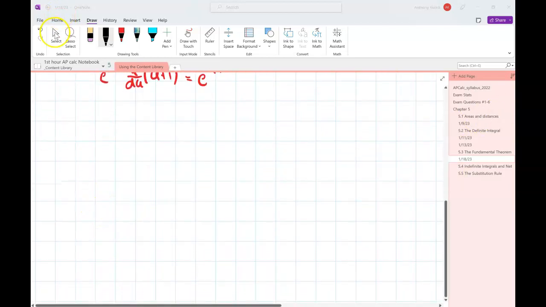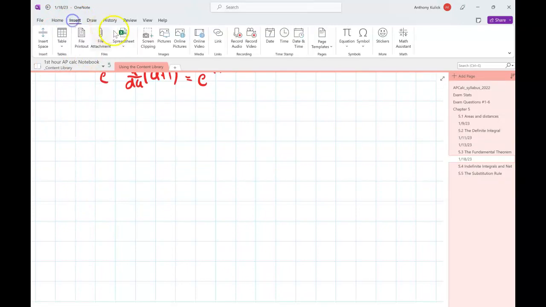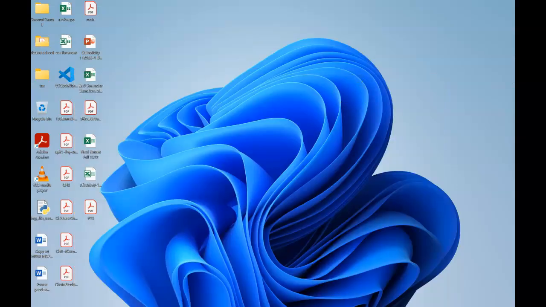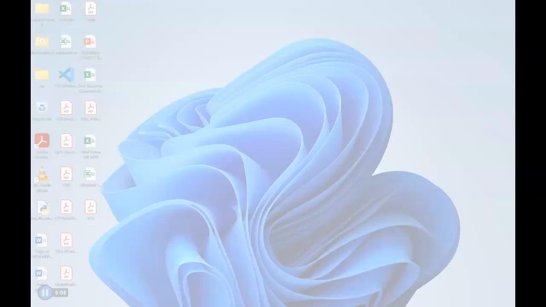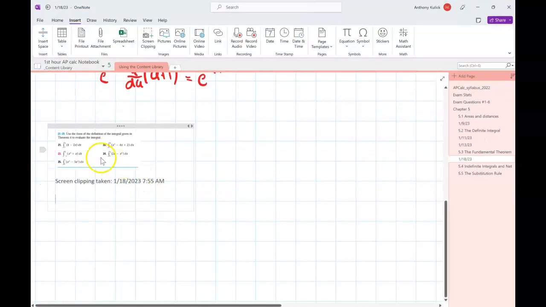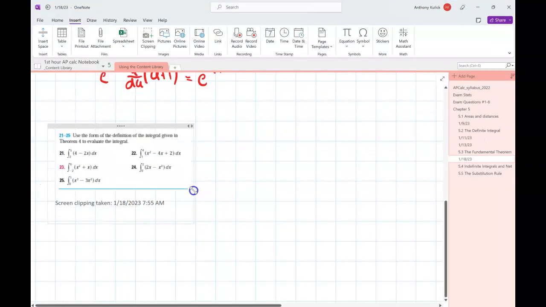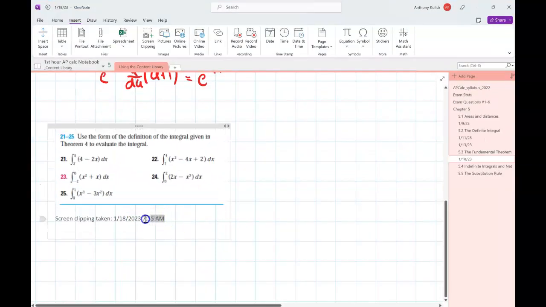Let's see. Insert. So I'm going to grab a whole bunch of problems here so that I can read the directions. Okay. Yeah.